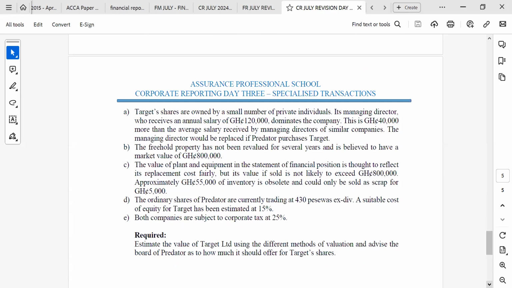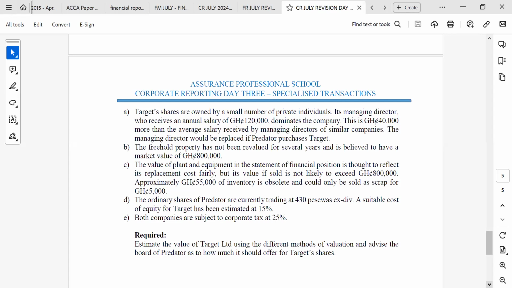Target Limited, 25 pesos ordinary shares. Target shares are owned by a managing director who receives an annual salary of 120,000 Ghana cedis.